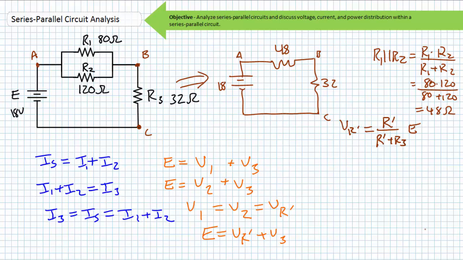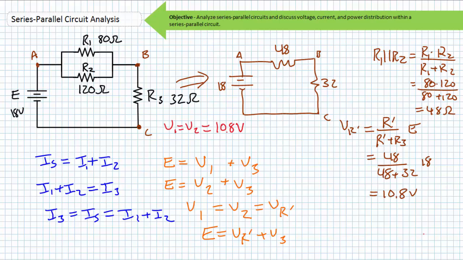The VDR is set up to solve for VR prime, the voltage drop across our imaginary resistor R prime, and coincidentally, the voltage drop across both R1 and R2, since they're in parallel, is as follows. Substituting in the necessary values, we find VR prime to be 10.8 volts. Therefore, V1 equals 10.8 volts and V2 equals 10.8 volts.